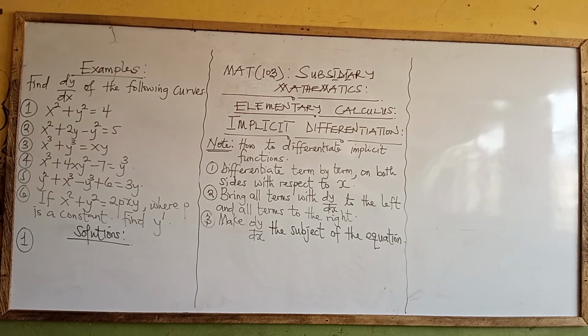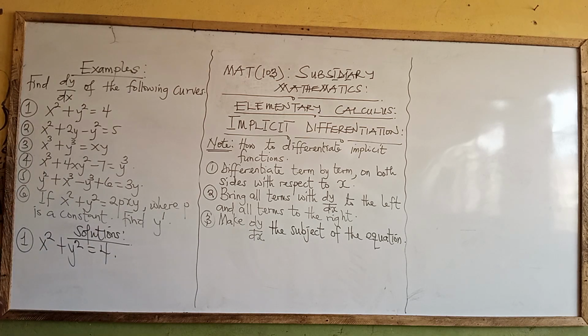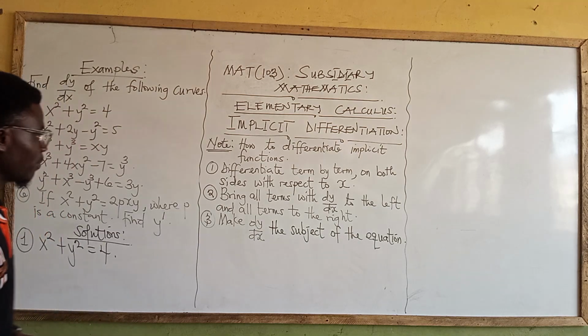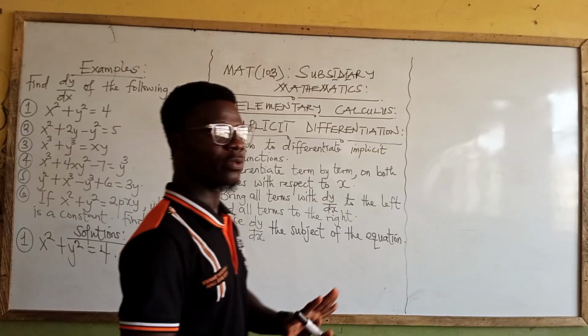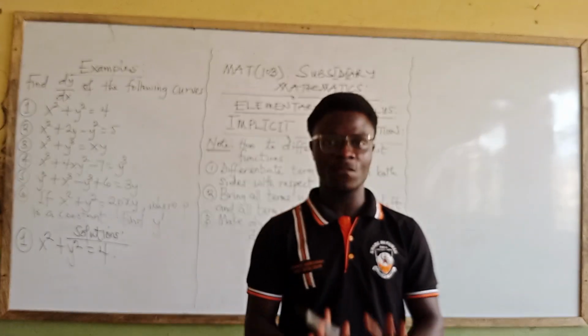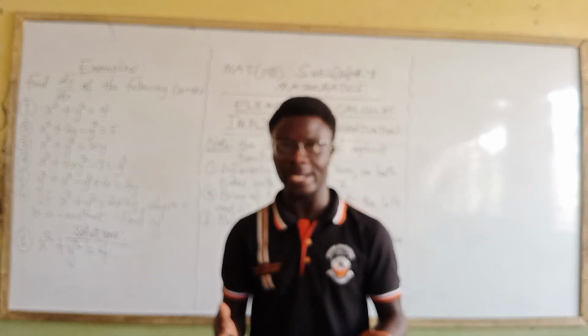Alright, so now, if I have x squared plus y squared equals 4. Now, they say we should differentiate term by term on both sides with respect to x. But this time around, we are dealing with an implicit function. So remember that here we use the chain rule, right?